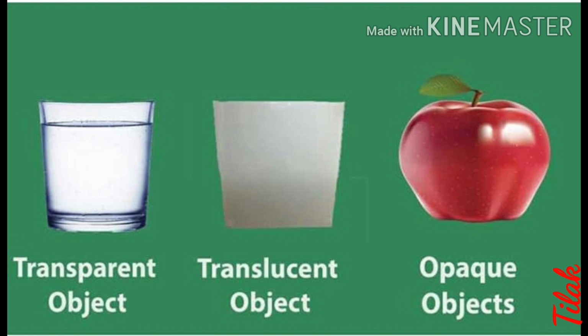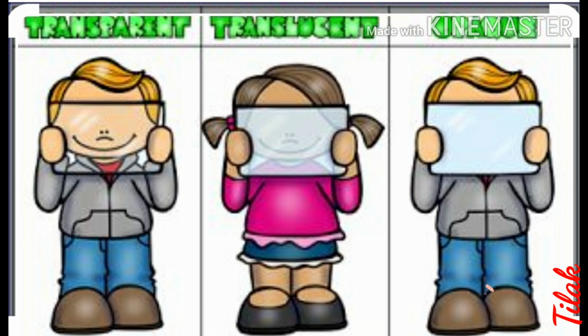Now, children, you must be clear about what are transparent objects, translucent objects, and opaque objects. You have three examples here. Yes. Now, here is another example to clarify if you have any doubt. You can see the face of the child through the transparent object.